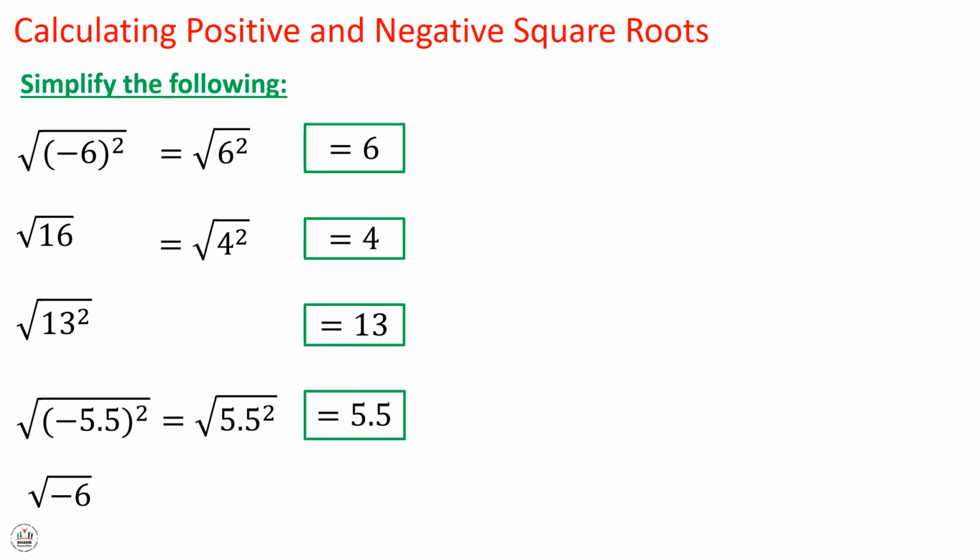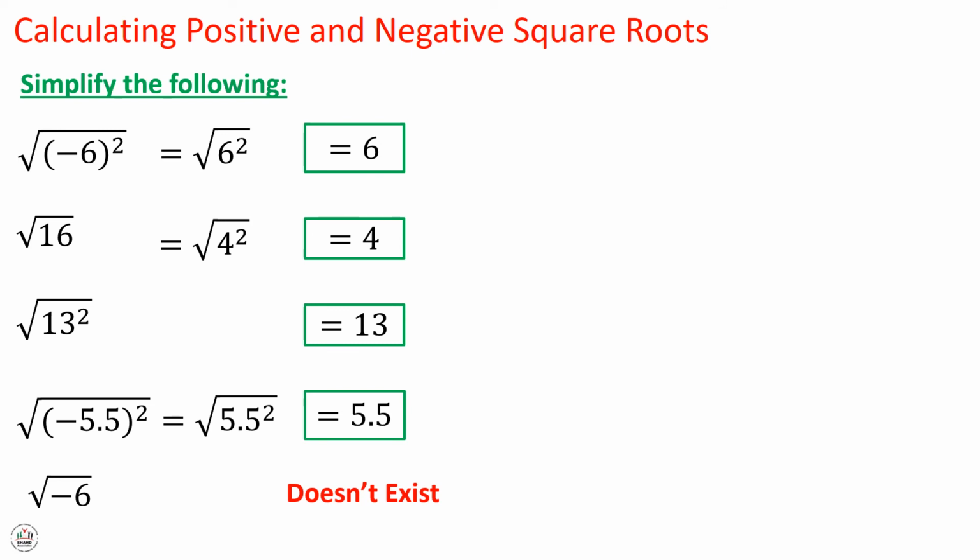Now √(−6). Think about it. Think about the definition of a square root in order to find the value of √(−6). It does not exist. Why does this number not exist?